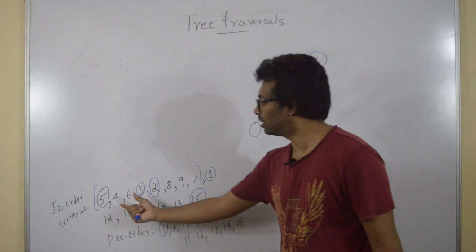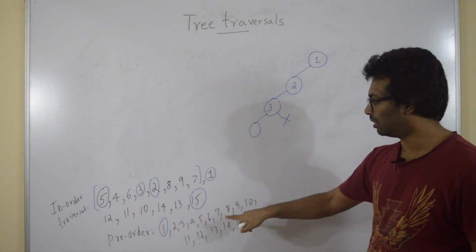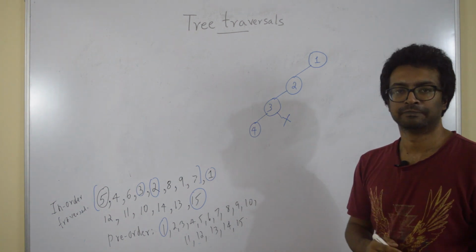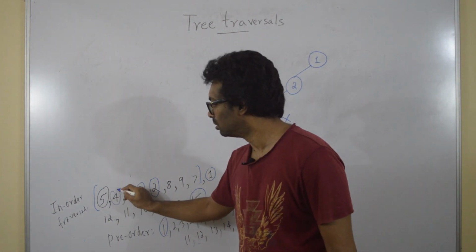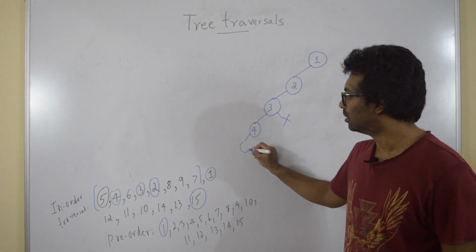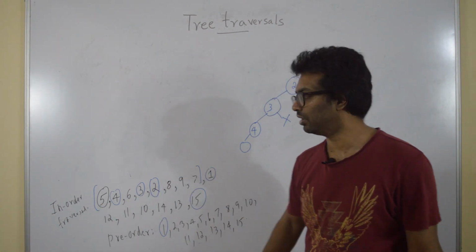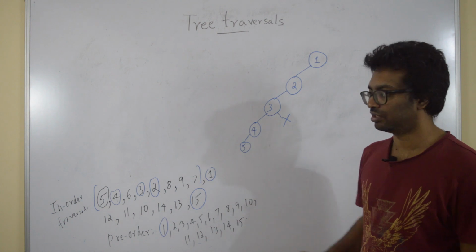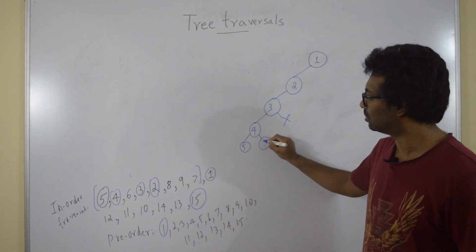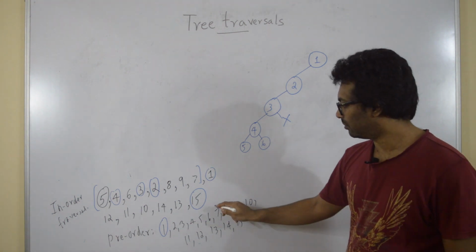So all these numbers on the left have to be here. So after 3, 4 is printed. So 4 has to be here. Now 4 is here. Okay. And after 4, 5 is printed. So since 4 is here, I know there's something on the left and 5 was there. So 5 is printed. And there's something on the right. So 6 is printed here. This is good. So I'm finished till here.